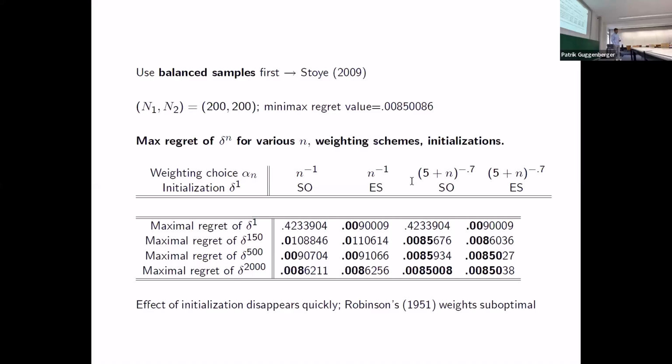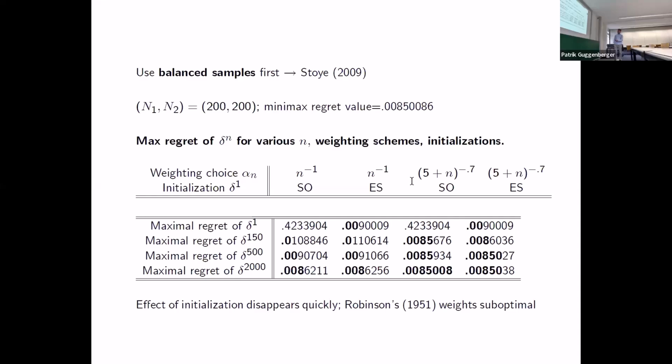That's one of the few instances where we have an analytical rule, so that's very handy to assess whether our algorithm works well, because we know what the best performance looks like. Here, Stoye also gives us a formula for the minimax regret value in that setting, equal to that number. The following table reports the maximal regret of delta n, the maximal regret of the treatment policy in the nth iteration, for various numbers of iterations.